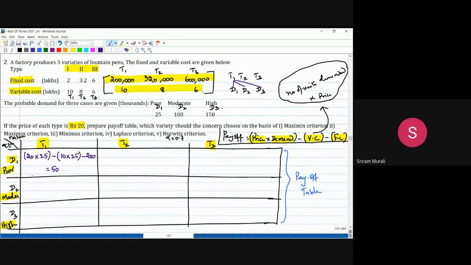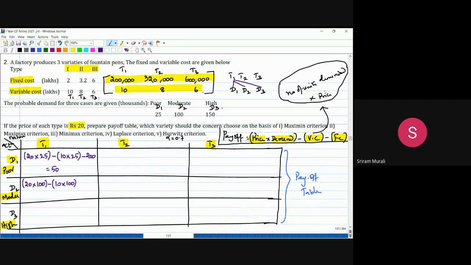The next case, what is the price? 20. If it is moderate, what is the demand? 100, minus the variable cost. In T1, variable cost is 10. We are looking at T1, D2.